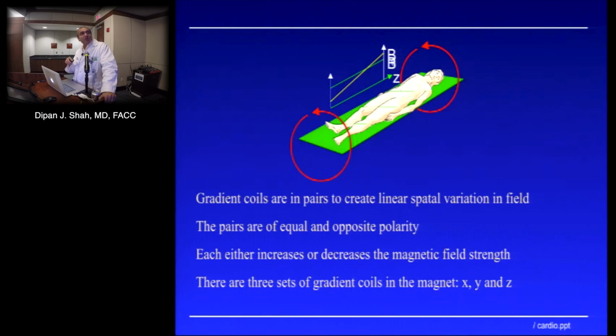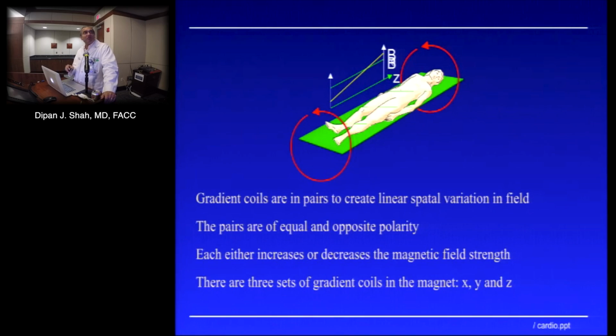In the example I showed you before, if I'm applying a gradient in the head to foot direction, this patient who's lying down inside the bore of a scanner, the head will see a slightly different magnetization than the foot, because I've applied a gradient such that there's a higher magnetization at the head than at the foot, right? Now again, the magnitude of differences we're talking about is very, very tiny. We're talking about a 0.001 difference, a 1 or 2 millitesla difference, right?